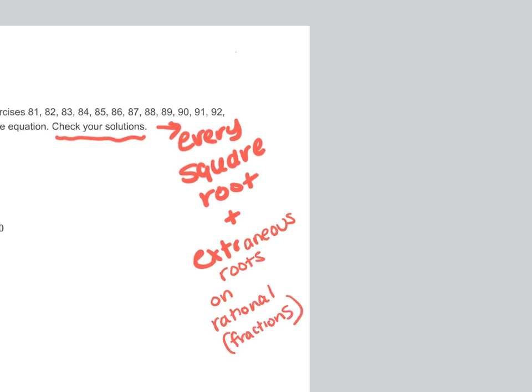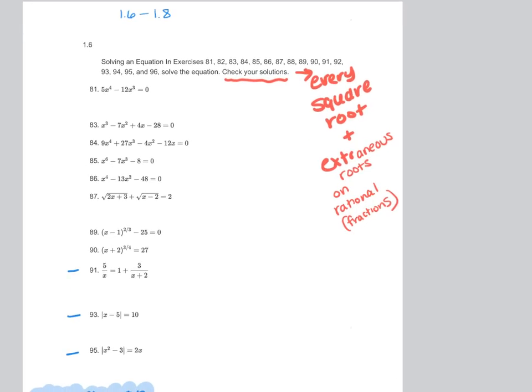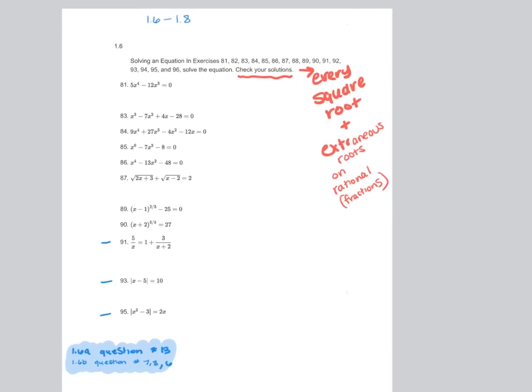Okay, those are the two biggest ones you need to check. The ones with the square roots and the ones that have rational equations, like number 91, where you have a fraction in the bottom, you have to check those for extraneous roots.